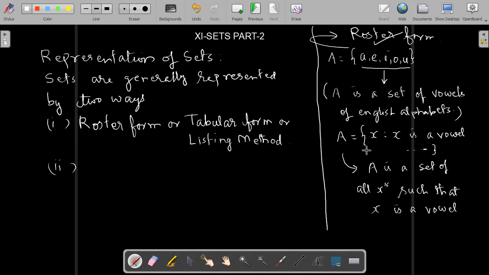The second form is where we represent the set by the property which is followed by each element of that particular set.